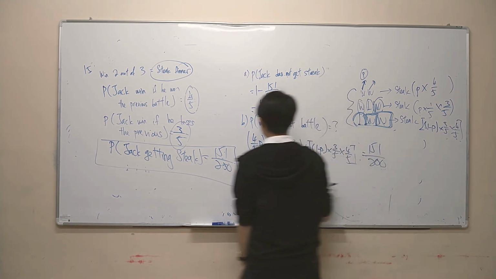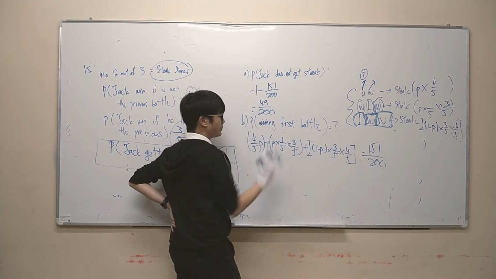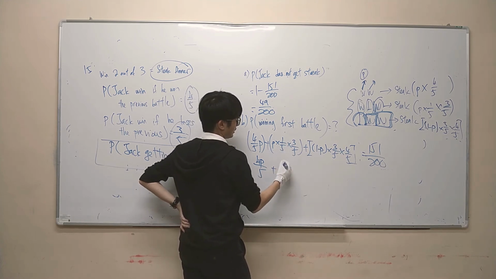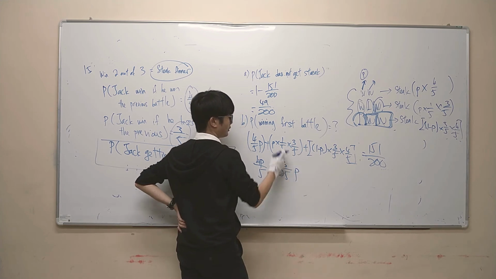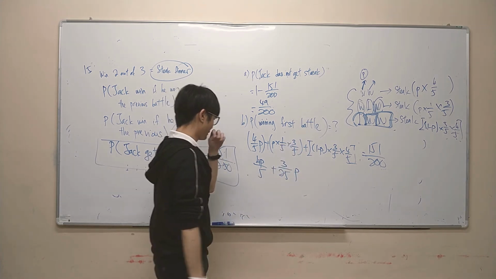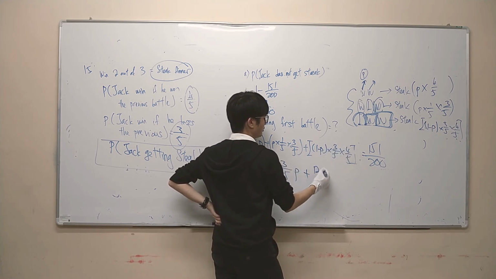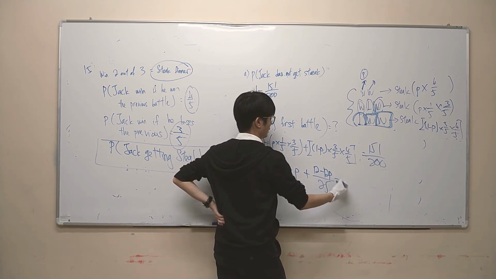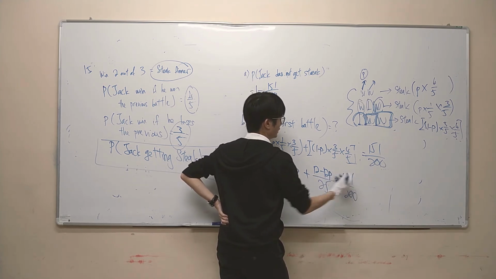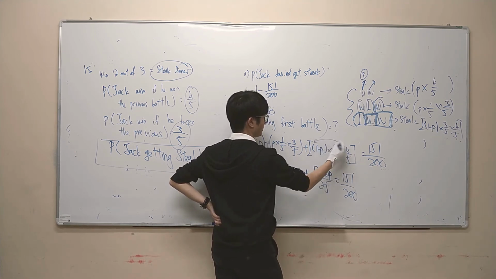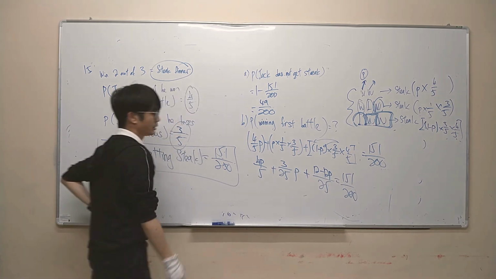Okay, that's what it means. Okay, how? Move on. We find P. Okay, 4P over 5, here, 3 over 25 P. Right? Plus, this one, 3 times 4 is 12, so 12 minus 12P over 25 equals 151 over 200. So 3 times 4 is 12, 5 times 5 is 25, but the 12 I expand now. Okay? So this is how you do it.